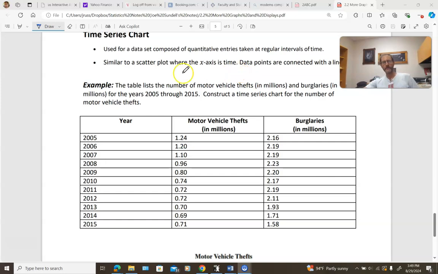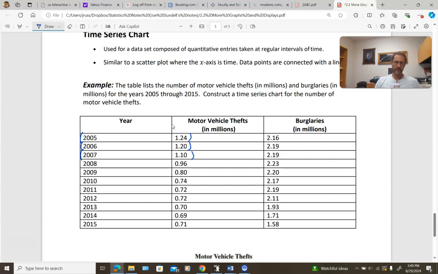So we've got an example right here. We've got some data. It says the table lists the number of motor vehicle thefts in millions and burglaries in millions for the years 2005 through 2015. Construct a time series chart for the number of motor vehicle thefts. If you were just looking at the motor vehicle thefts as a function of time, these would be like your ordered pairs.